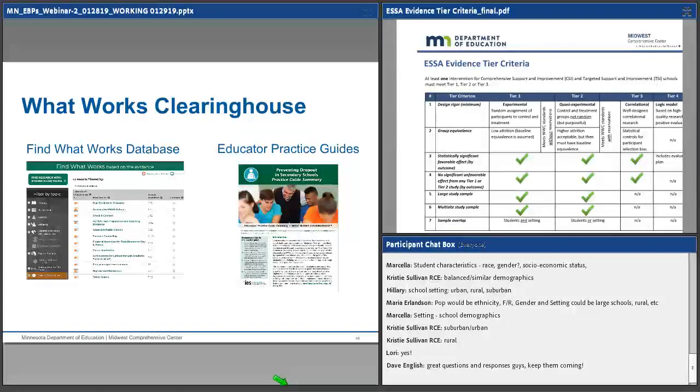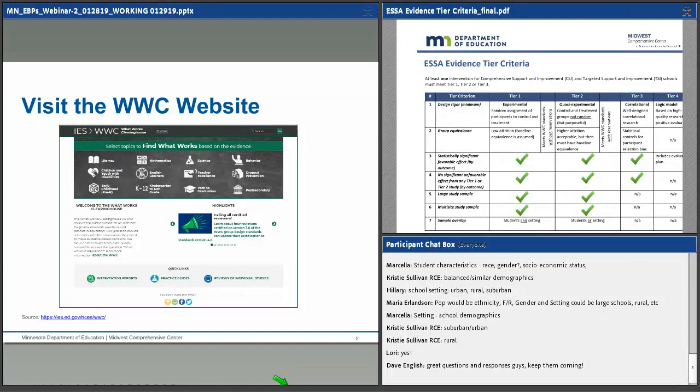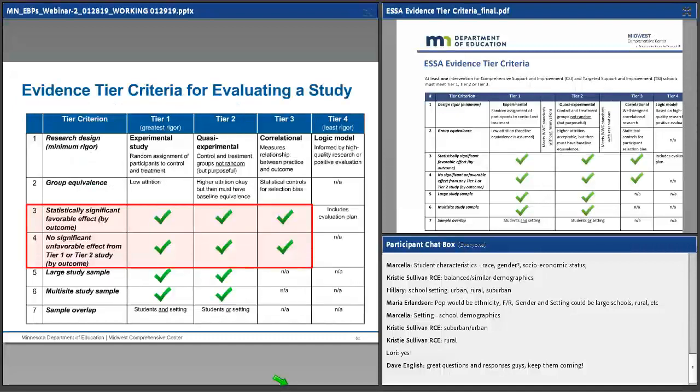So first I'll review Works Clearinghouse real quickly, specifically the Find What Works database and the educator practice guides. Let's look at the Find What Works database first, and to do so, I'm going to hone in on criteria number 3 and 4 first.